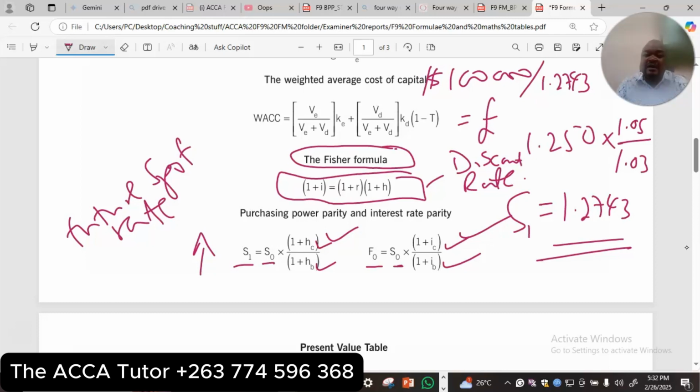I mean, the real rate of borrowing and the inflation rate. And you need to then compute the nominal interest rate, which is the I. The nominal rate would have both the real rate and the inflation premium. You need to know that. But the real rate does not have the inflation premium included. So all those things you need to work out with all these formulas to understand what would be going on.